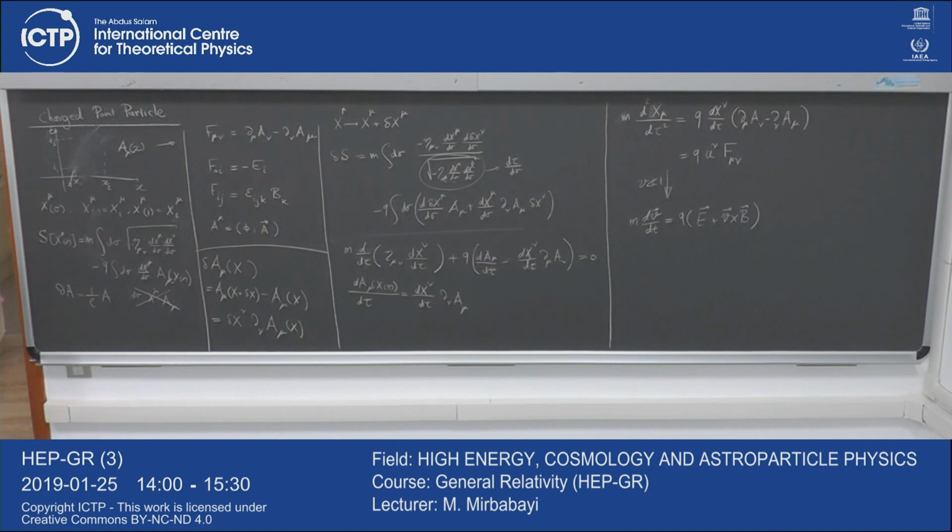If you have a charged particle moving in space-time, that is of course a source for the electromagnetic field. So not only is it affected by the existing background field, it will also produce an electromagnetic field.